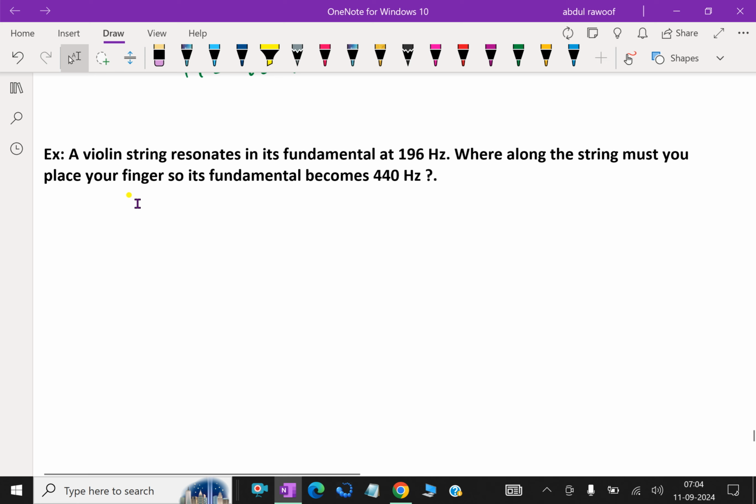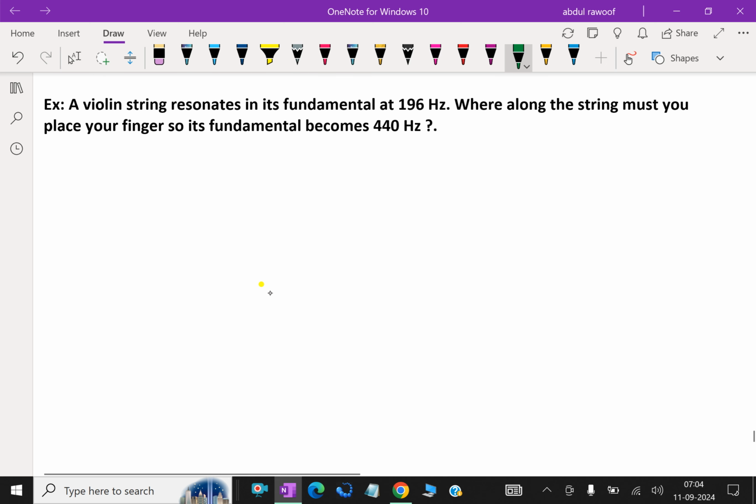That means the first fundamental frequency is given as 196, then we have to produce a second fundamental frequency of 440 Hertz. For that, where do you have to keep your finger? That means how much is the distance between them.